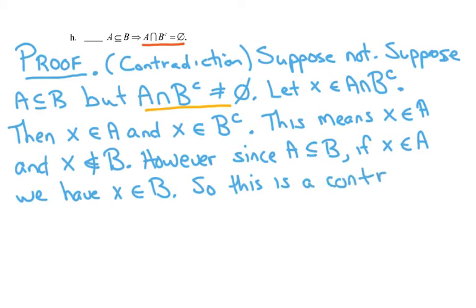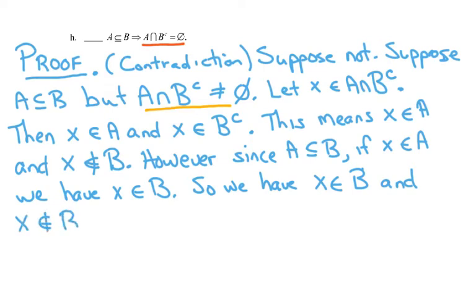Let's write that better. So we have X in B and X not in B, a contradiction. And we are done.